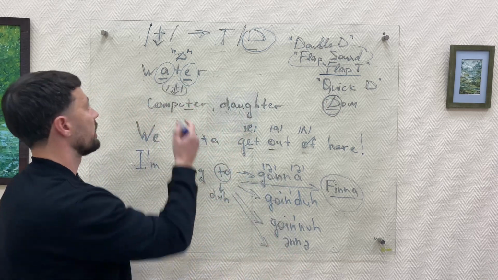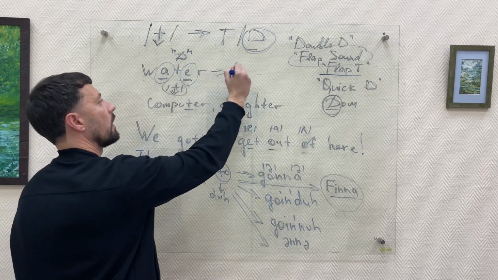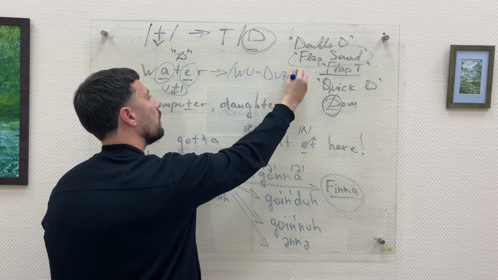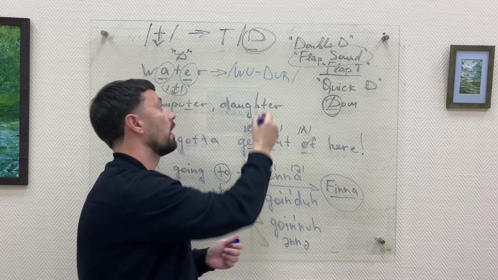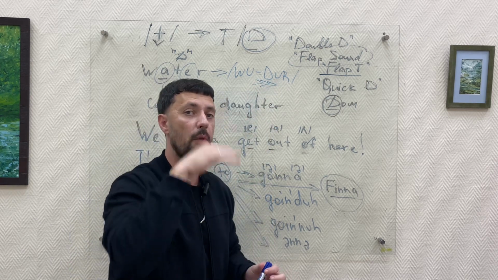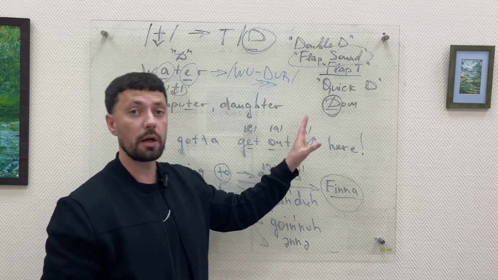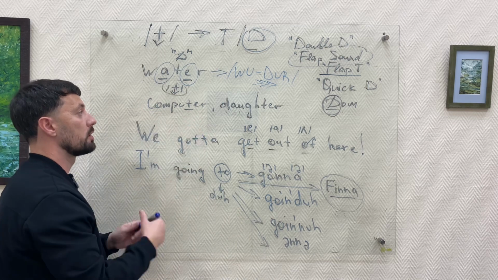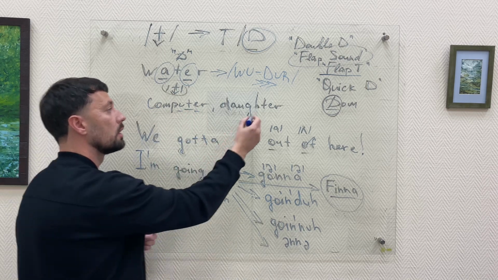Remember, it's not water with a hard T, but more like a flap. Now, if you speed the sound up, keep in mind, one time. Water, water, water. Computer, again, computer.